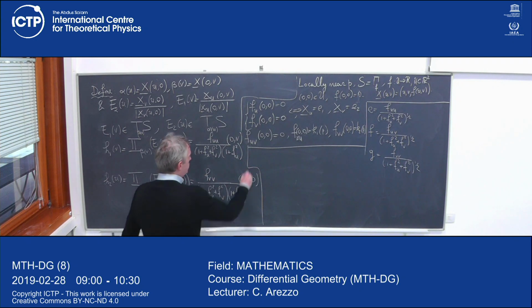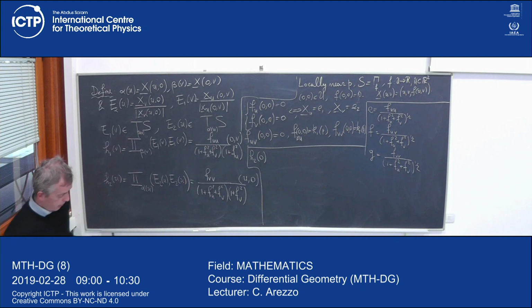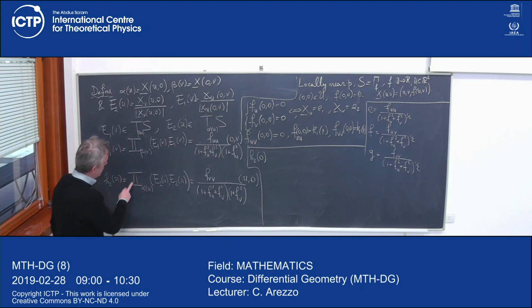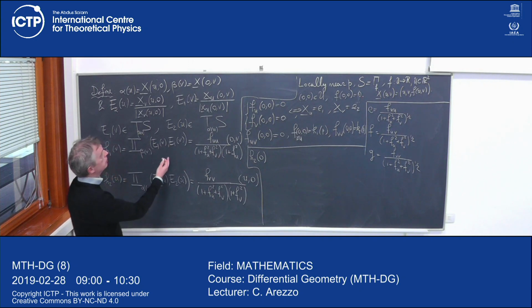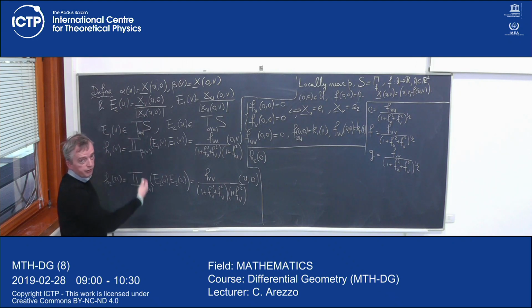So let's see. How much is H2 at the point 0? At the point 0 is the second fundamental form at the point P, applied to the vectors E2U. Actually at the point 0, this becomes what? E2, the little E2 of before.